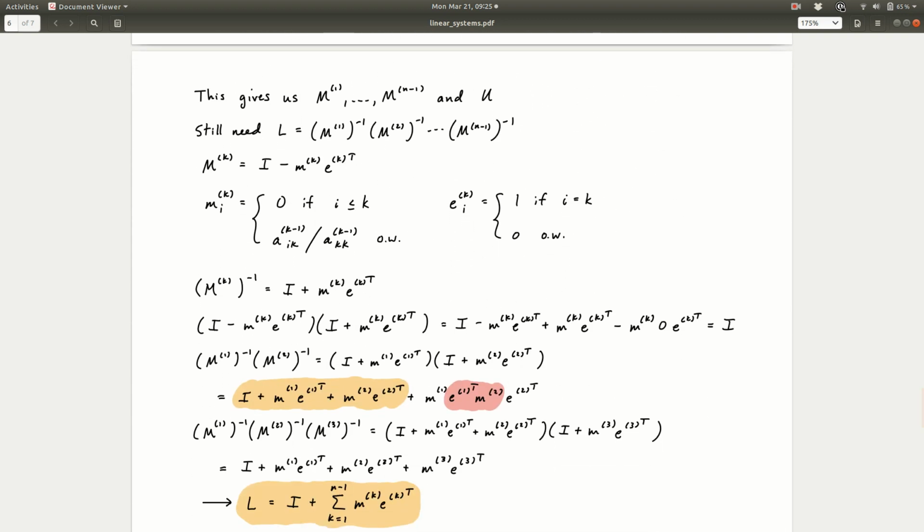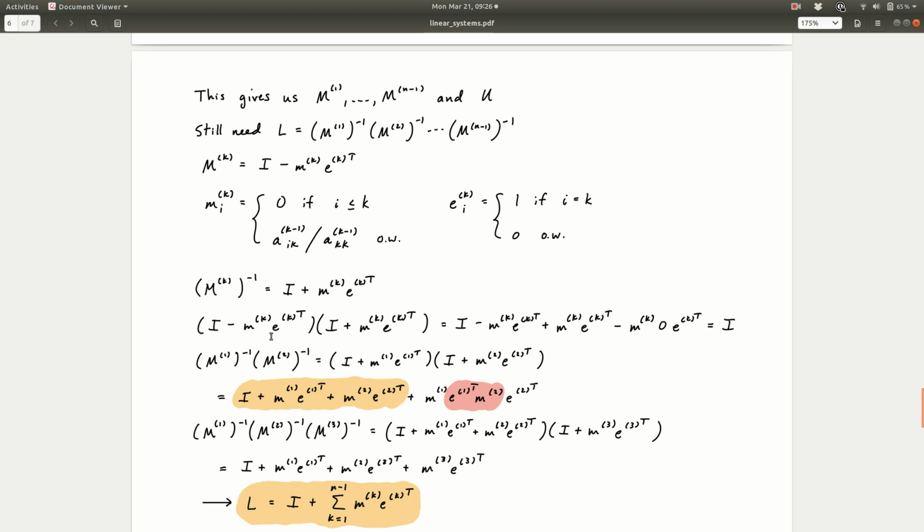But you'll see it actually makes our life easier to define the inverse. I'm going to claim that the inverse of this matrix is I plus that outer product. All we have to do is do the math and show that it's equal to the identity. So it's I minus this times I, which is this, plus I times this, which is this. And then the last term is going to be minus mk ek transpose times mk ek transpose.